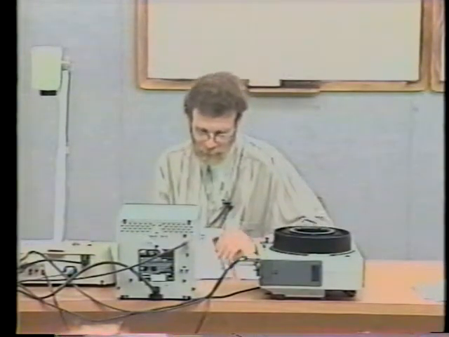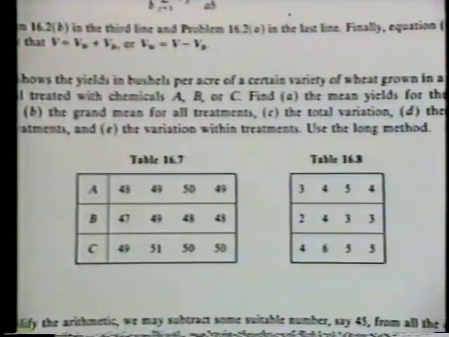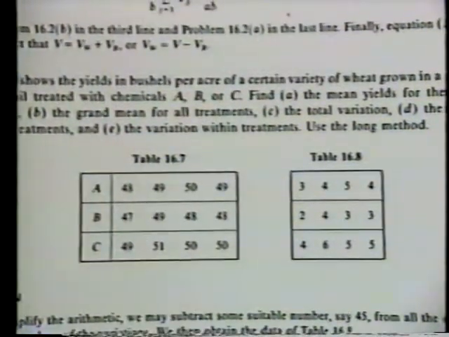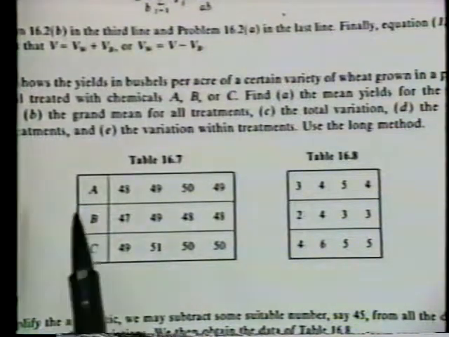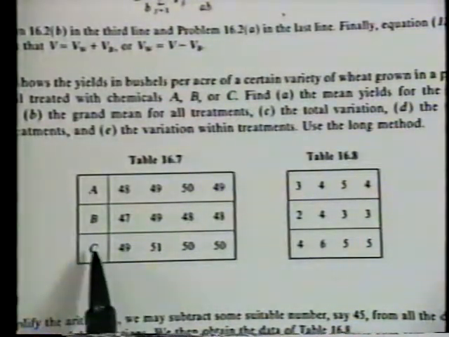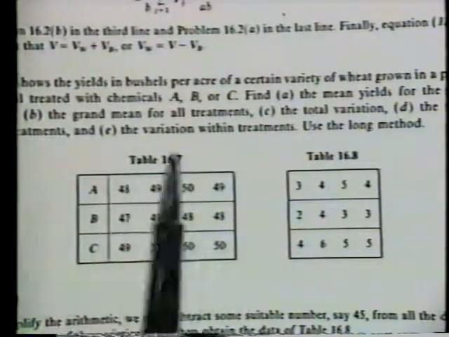The first problem was 16.7. And here we have something called A, which are wheat grown in a particular type of soil, treated with chemicals A, B, and C. So this is going to be a one-way ANOVA.